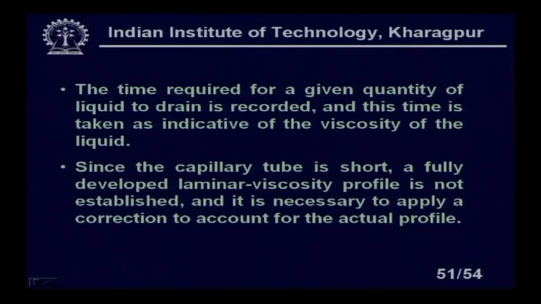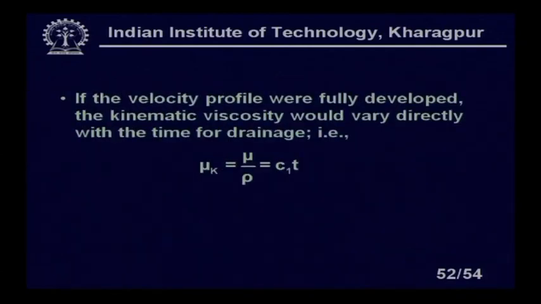If the velocity profile were fully developed, the kinematic viscosity would vary directly with the time for drainage, that is, mu_k, the kinematic viscosity, which is absolute viscosity upon rho, equals C1 t.